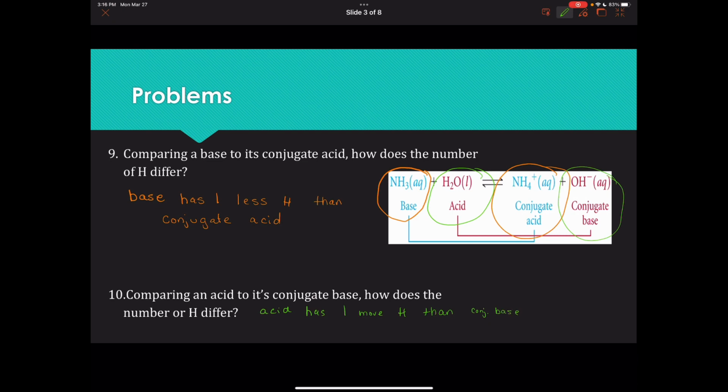So what we're going to find is that our acids and bases differ from their conjugates by a single hydrogen. The base always has 1 less hydrogen than the conjugate acid. The acid always has 1 more hydrogen than the conjugate base.